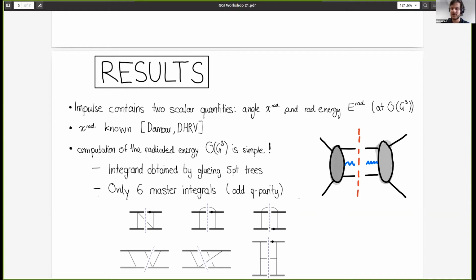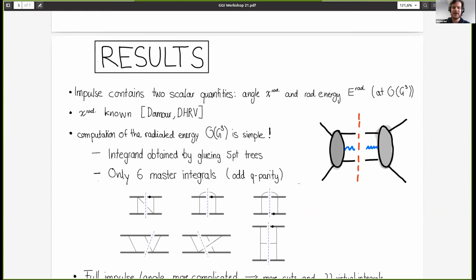But at this order, this is the set of observables. And the radiated energy is basically known by Damour and also by Di Vecchia, Heissenberg, Russo, and Veneziano. And therefore, I'll spend some time talking about the radiated energy.